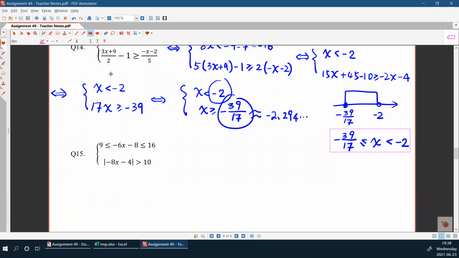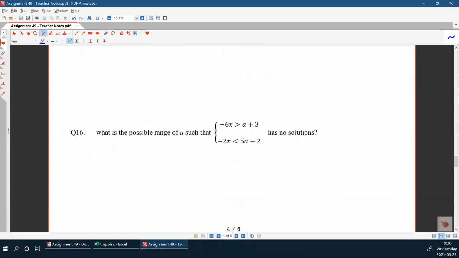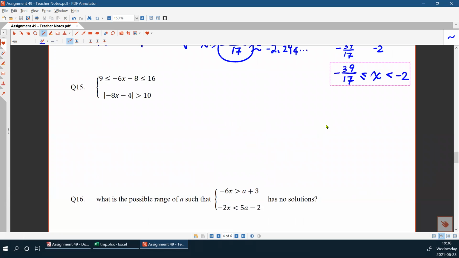No? Okay, let's see question 15. A system consisting of two inequalities is equivalent to, first of all, we can add an 8 to both sides, which gives us 17 smaller than or equal to minus 6x, smaller than or equal to 24, right? Next, the absolute value of a number is larger than 10.